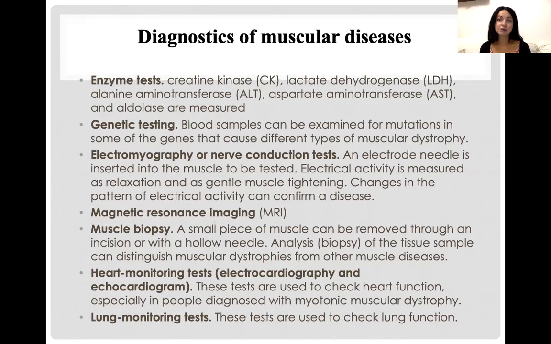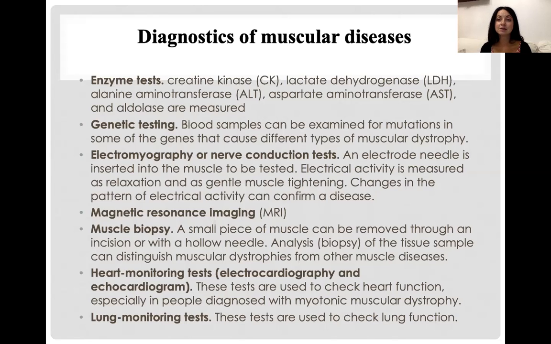For example, when skeletal muscles are affected, we can see an increase of creatine kinase, like in Duchenne myodystrophy, or in dermatomyositis, a systemic autoimmune disorder typical for boys, especially in the puberty period. Alanine and aspartate aminotransferases may also be increased in case of pathology of muscles, especially heart muscles.